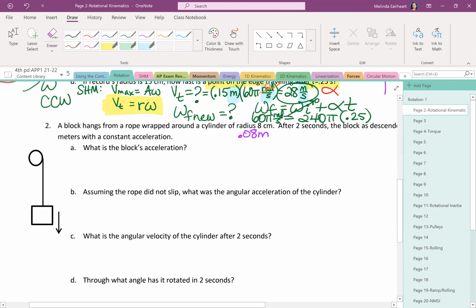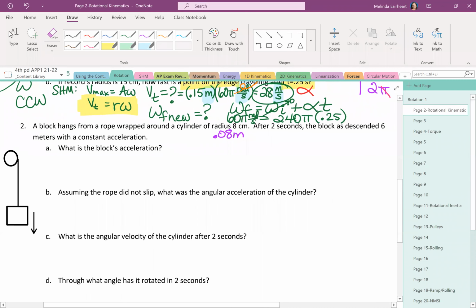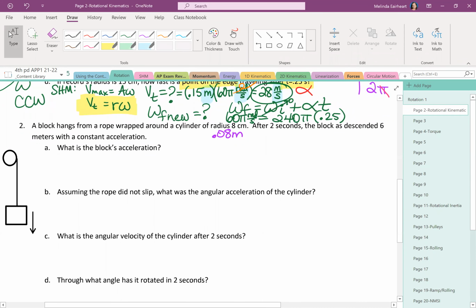After 2 seconds have passed, so we started the timer at 0 seconds, right? And even though they don't say it, this block is going to move downward. What is the implied initial velocity? 0. So, kind of implied, V_i equals 0. And now with rotation, we can also say angular velocity initially is 0.